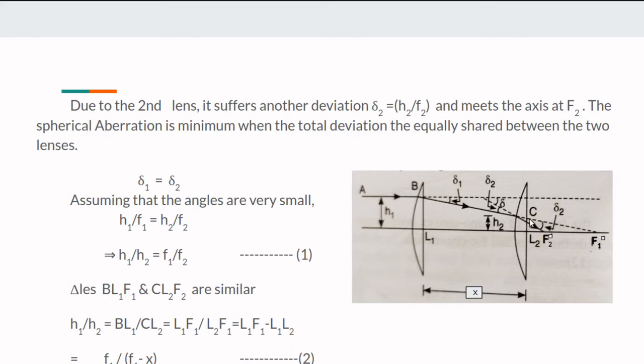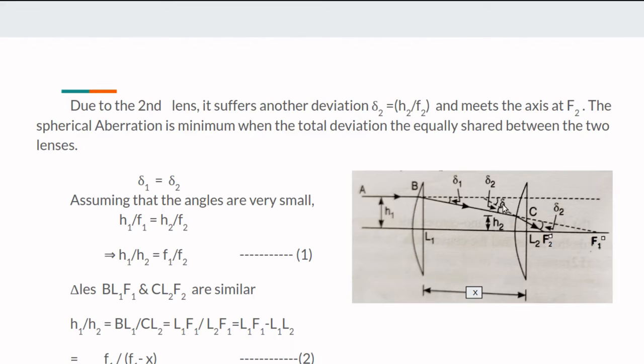In the absence of the second lens, this is the direction of the refracted ray from the first lens. Then this is the angle of deviation produced by the second lens. This is the direction of the original ray, and this is the direction of the final ray after two refractions.